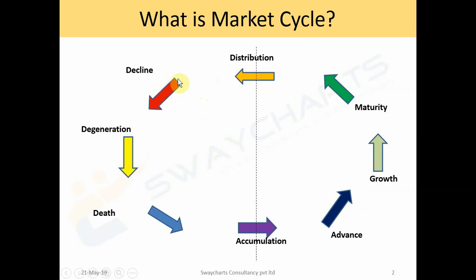Now he sees a technical breakout on the downside, which adds on to more pressure or more supply for the same stock, and that's the reason why the stock starts falling rapidly and breaking all the supports, and the price falls into the degeneration phase, and then before anyone can think about it goes to the death phase. And this is the phase at which the retailers feel that they have been trapped and they would like to come out of this particular stock and book the loss.